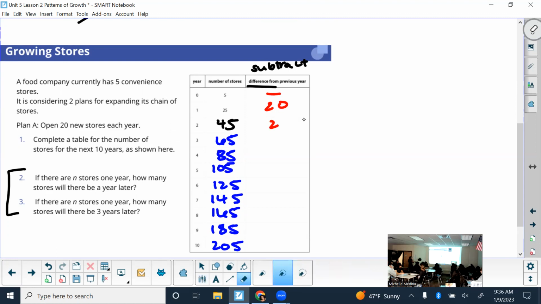Anyone disagree with that? Yeah, so what should we be subtracting? 45 minus 25. So from year to year, not from what we started with, just from year to year. Table 1, what's the difference from year 3 to year 2?